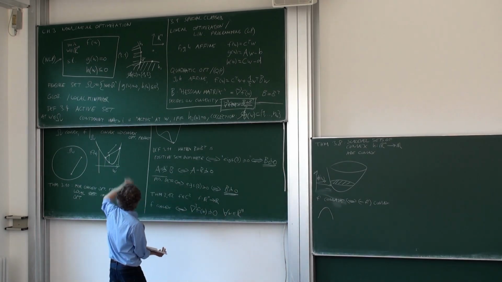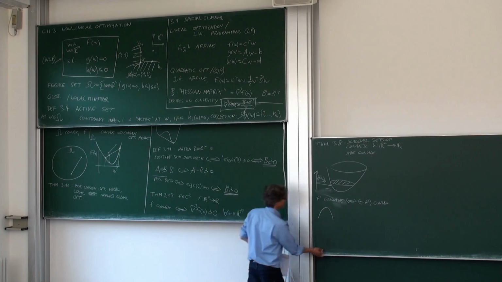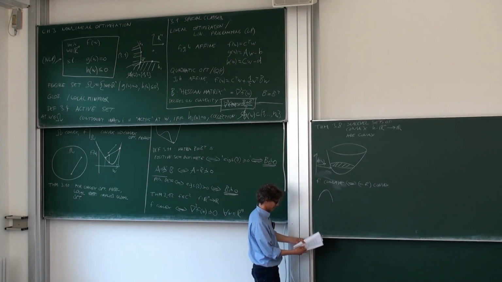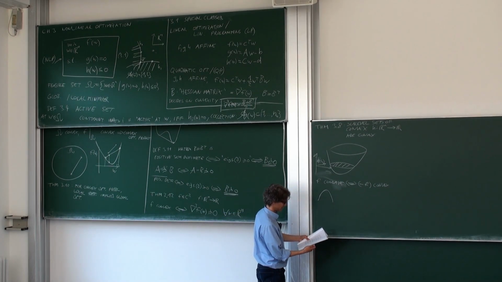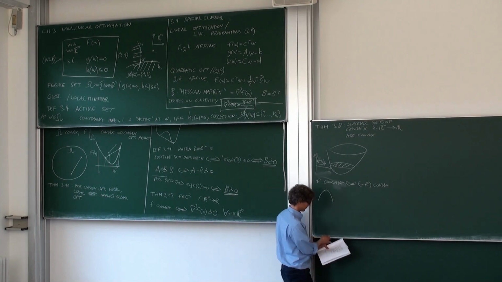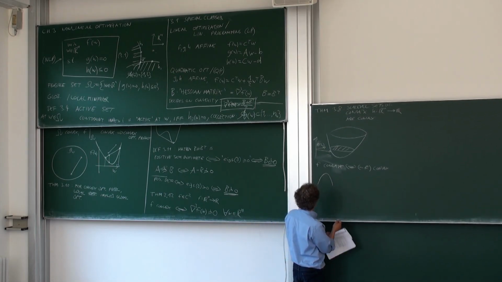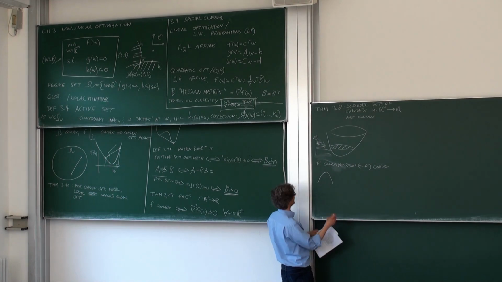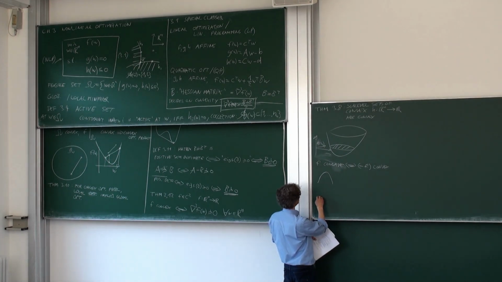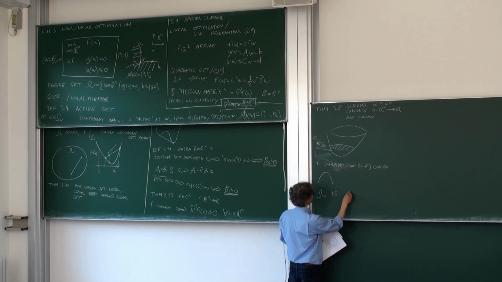And so what we know is that the feasible set, and this is something I should definitely state, but I think I have it as a remark. And what I want to say is that omega is convex.